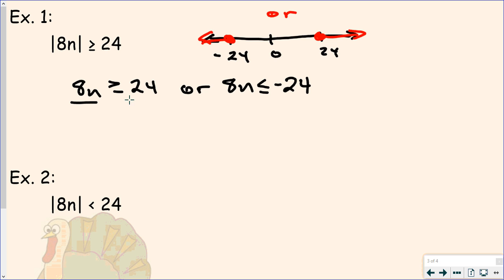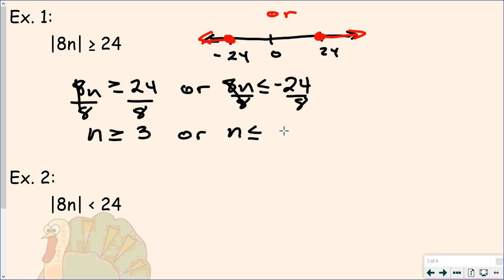So I divide both sides by 8. n is greater than or equal to 24 divided by 8, which is 3, or n is less than or equal to negative 3.